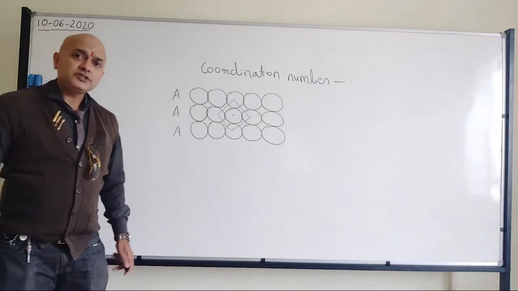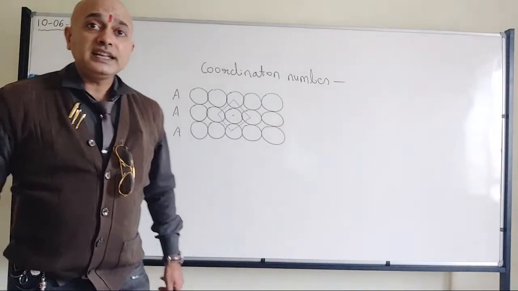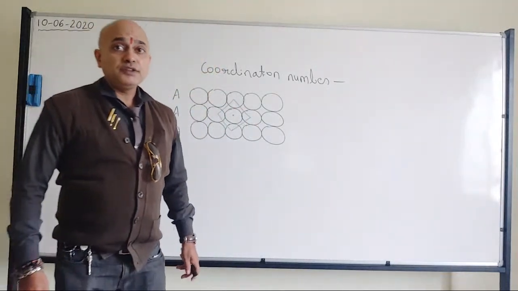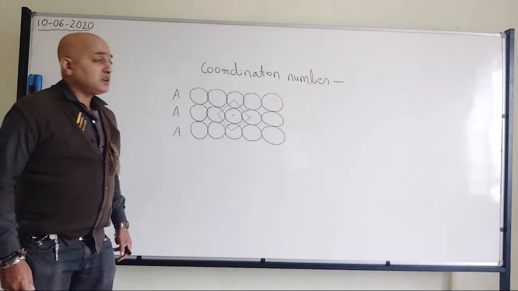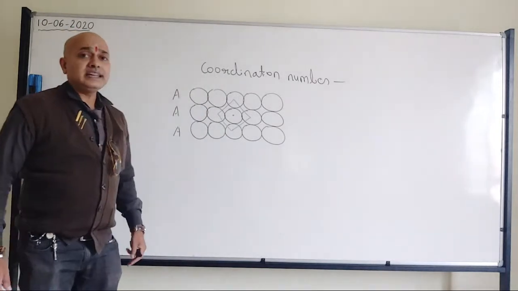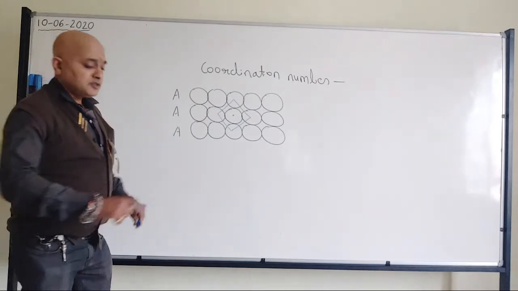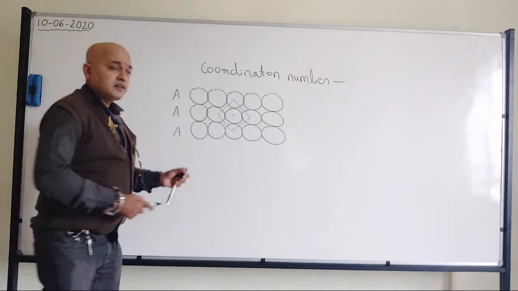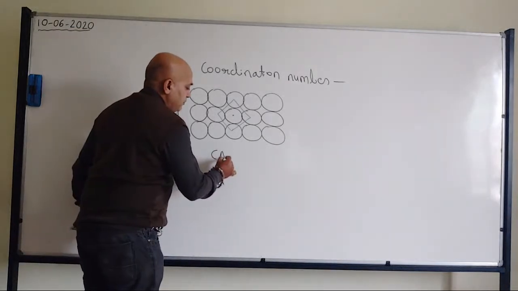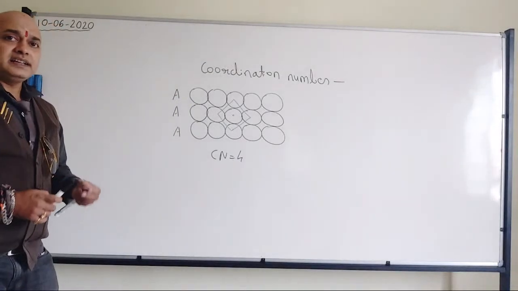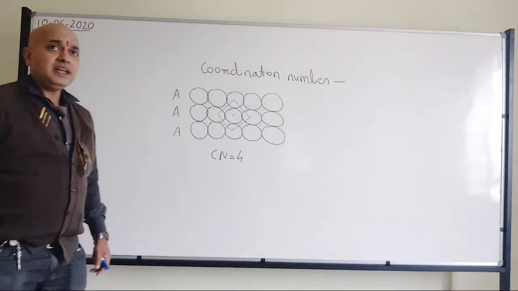All of you have understood? So what do you mean by coordination number? It is the number of atoms with which these elements will be interacting. That is nothing but coordination number. So in this case, the coordination number will be 4.